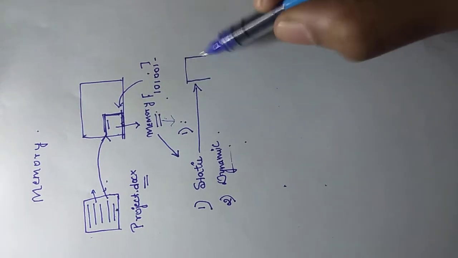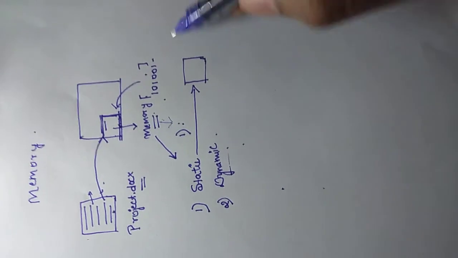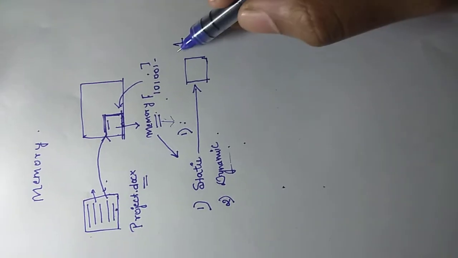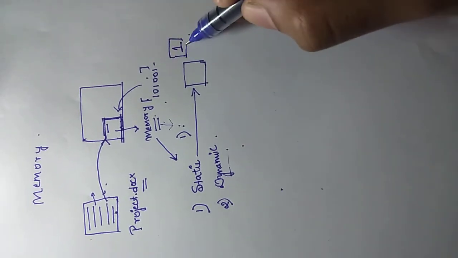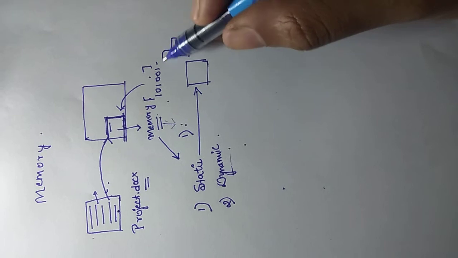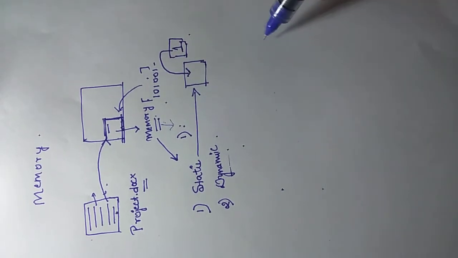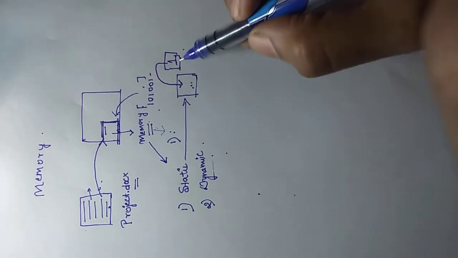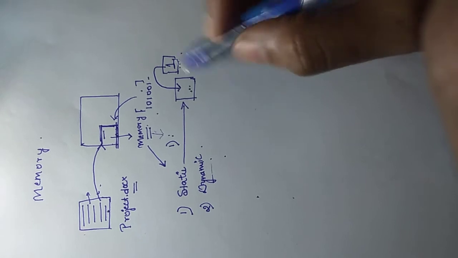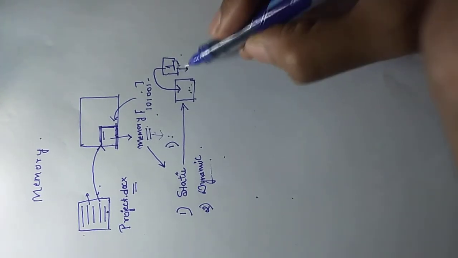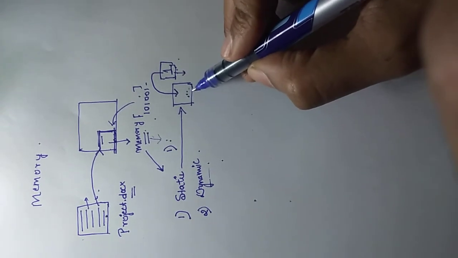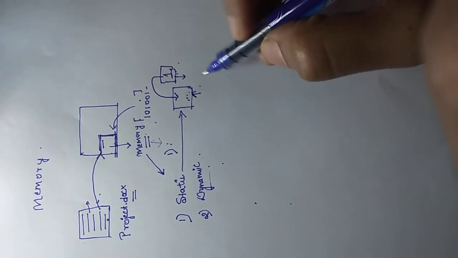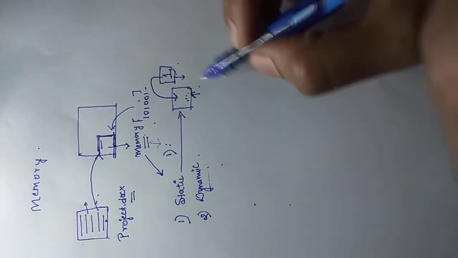Static memory means, for example, I'll take a bit 1. Now I want to store this bit 1 in this memory. This memory can store this bit as long as power is applied to it.